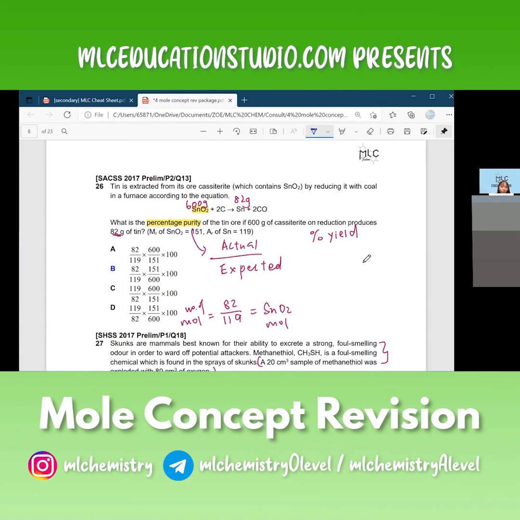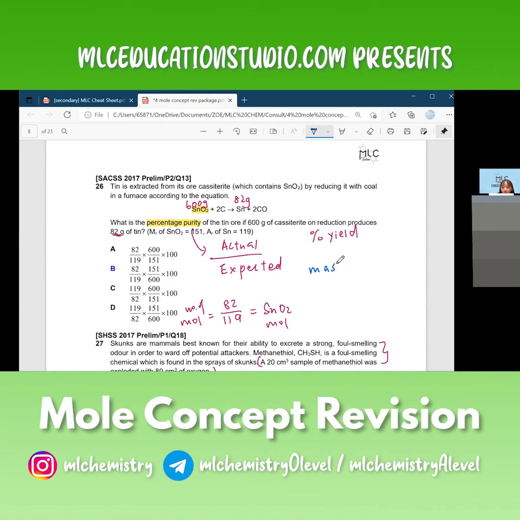After that, I need to find the actual mass of SnO2 inside this ore. So the mass, using mole times MR, gives you mass.